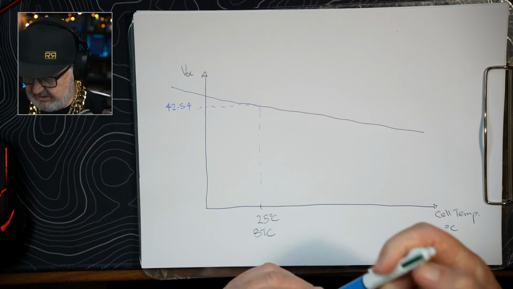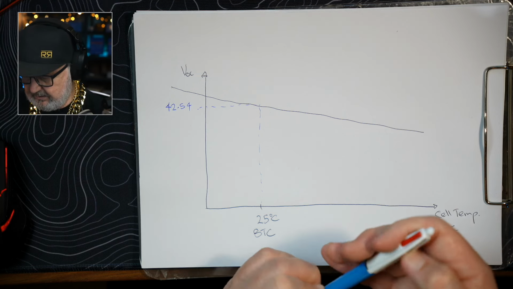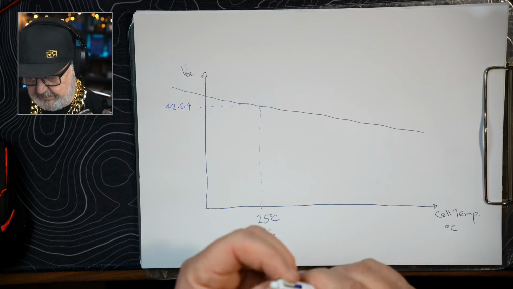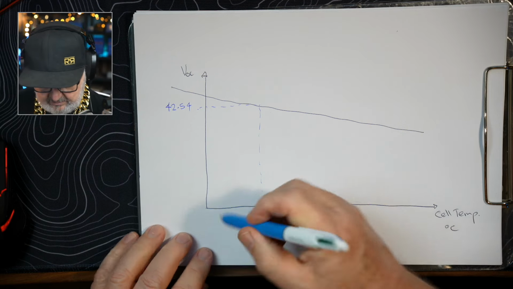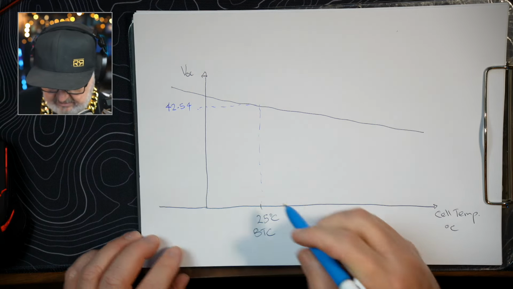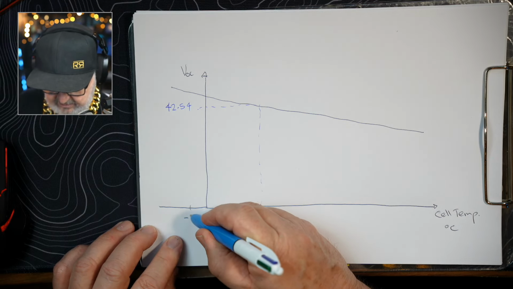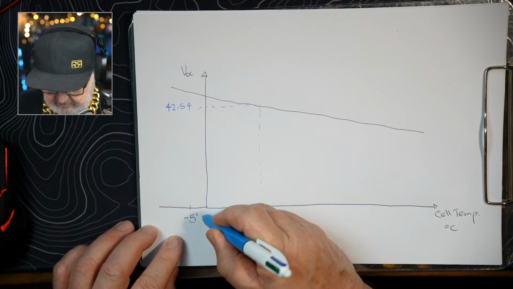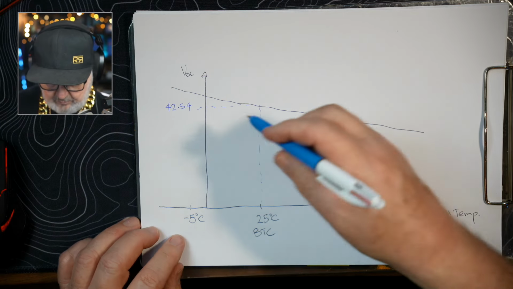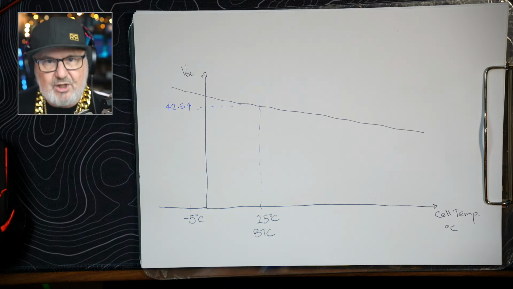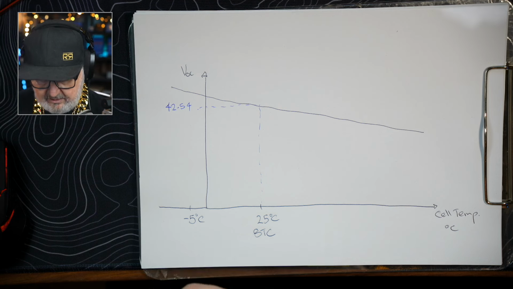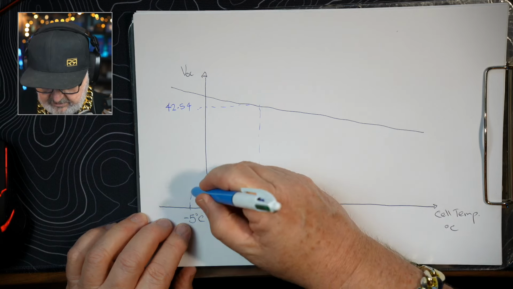So let's just extend my little graph a bit more, and if I can get my pen to work. We're just going to extend that out a little bit, and let's say it gets down to minus 5 degrees Celsius. Now what we want to know is how much change in temperature is there between standard test conditions and the coldest operating temperature.